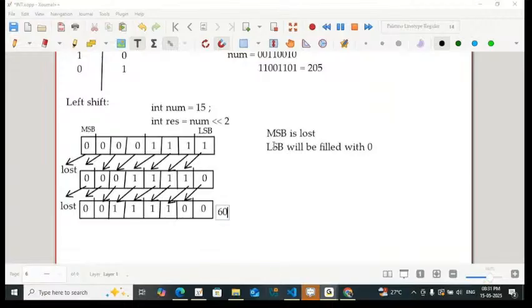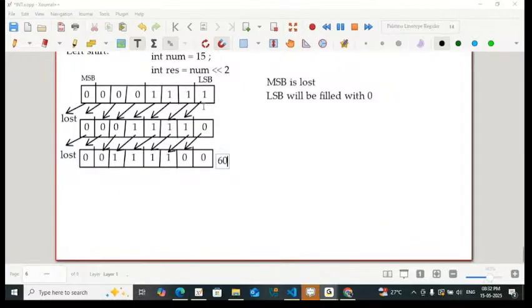So that is what you do for a left shift.